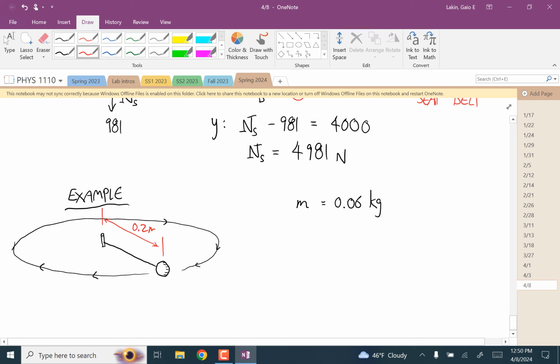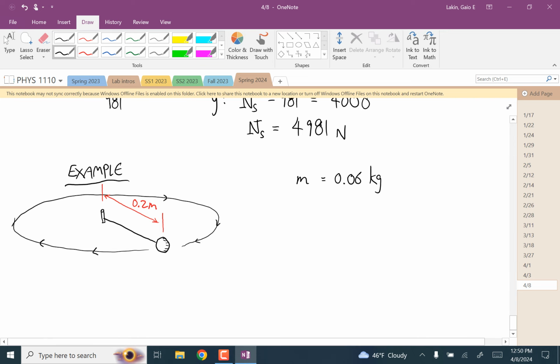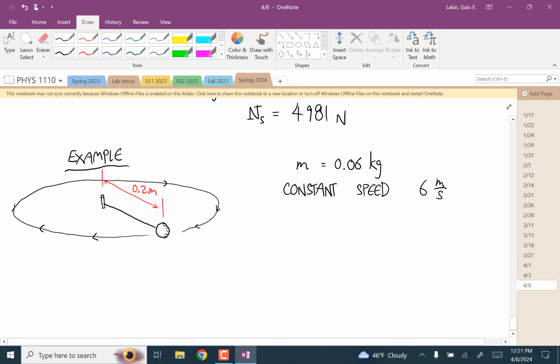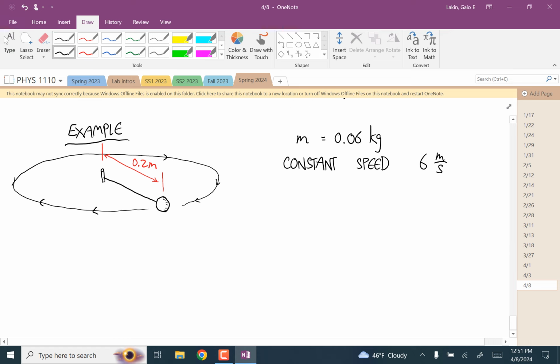Let's say 0.2 meters. And let's say that this is moving with a constant speed of 6 meters per second. What's the tension in the string?